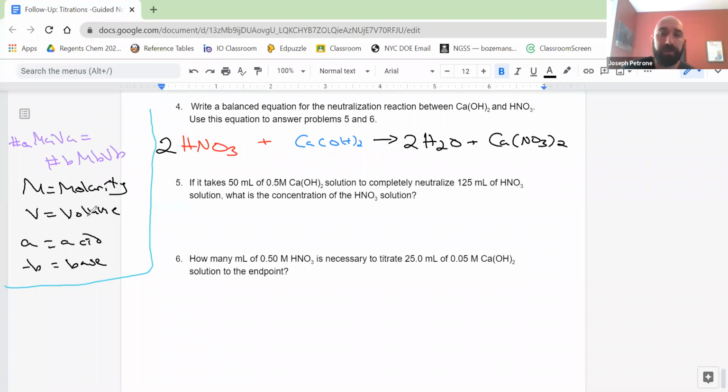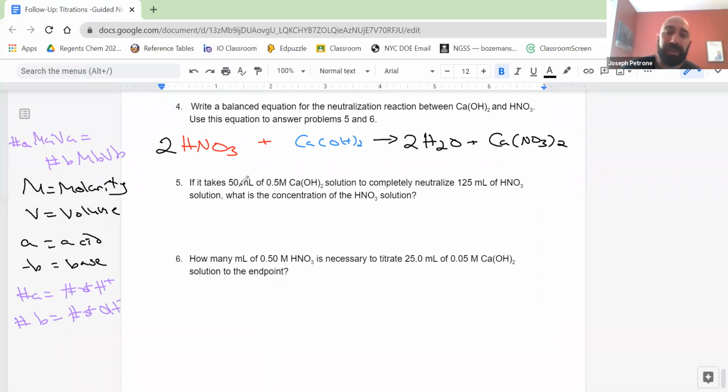And I'm going to add this in here as well. So number A equals number of H ions, and then number B equals number of OH ions. So this is dependent upon the chemical formulas for our acids and bases. So we'll take a look at how this is applied here.